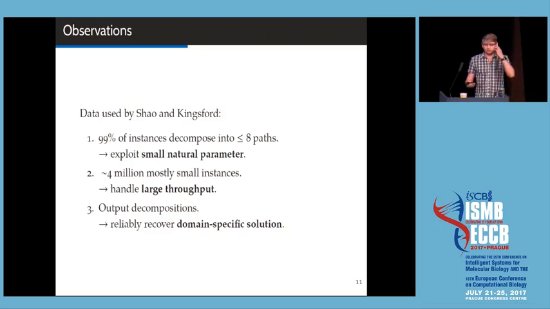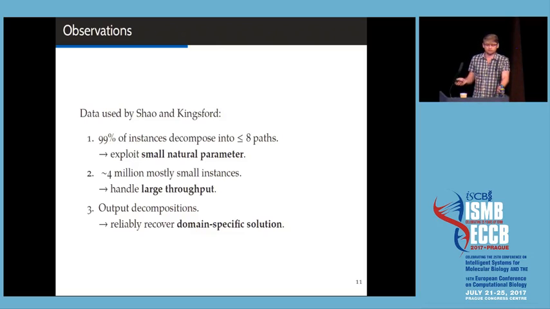So we looked at the data that Shao and Kingsford used for their Catfish heuristic, and they have this publicly available. So if you want, you can download this. And what we found was that 99% of the instances there decompose into smaller than 8 paths. So it seems we could exploit the small natural parameter.